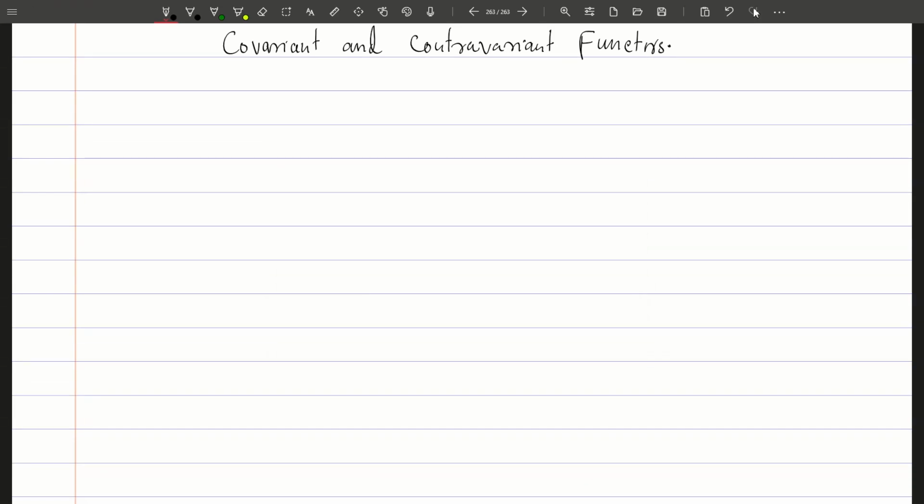In this lecture, we'll study the covariant and contravariant functors. But before discussing these functors, let us first define the faithful, full, and amnestic functors. Now, a functor can be injective or surjective when we restrict a functor to hom sets.